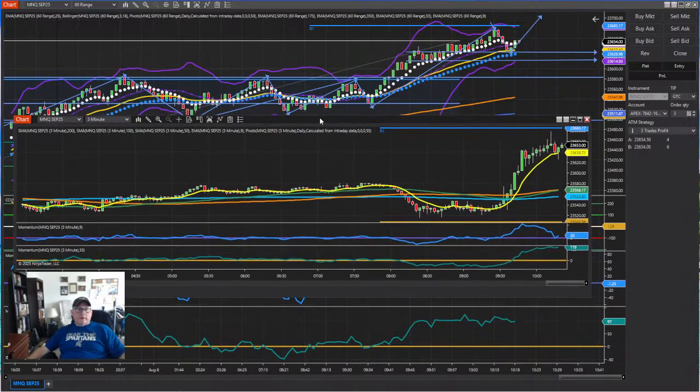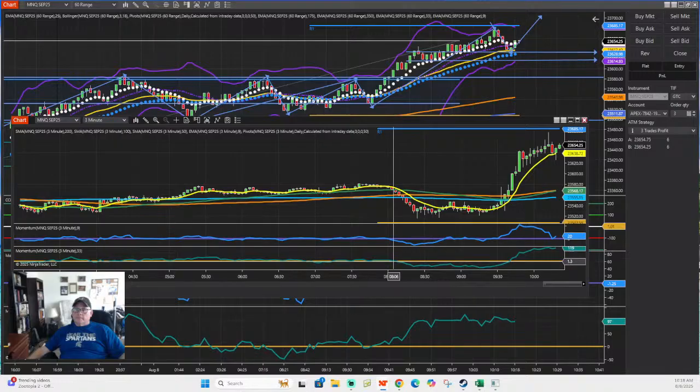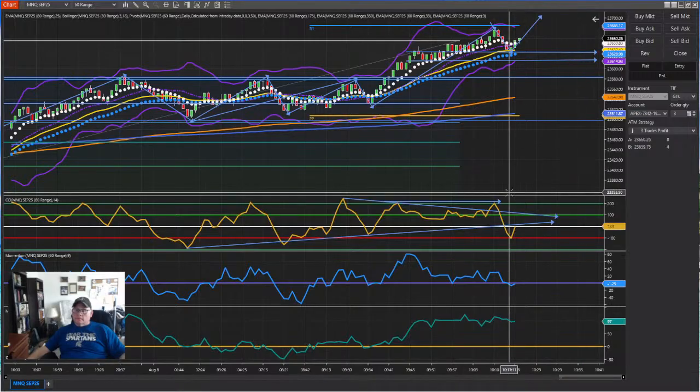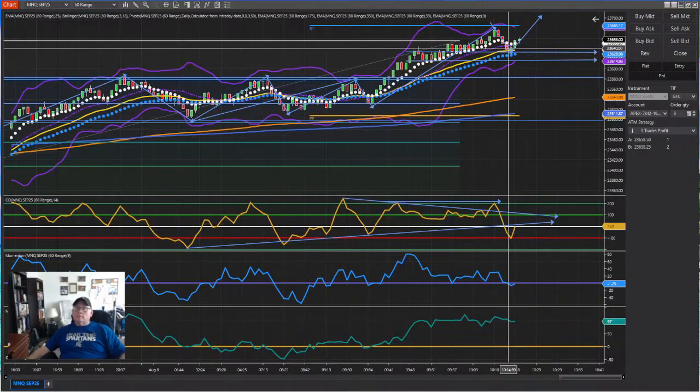This is what the market looks like on a 3-minute chart right now. Holding the 50 bar MA. There's a little dip here, right?